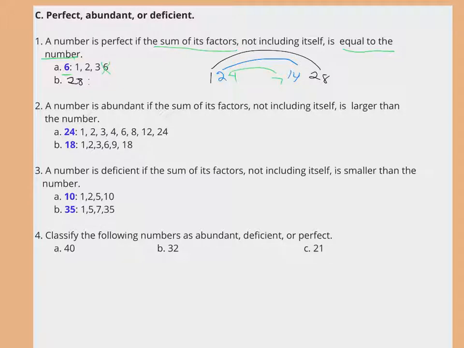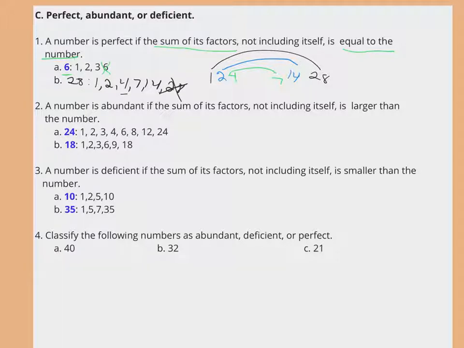So then if we were to add up the factors that we have here, which would be our 1, 2, 4, 7, 14, and not the 28, if we were to add those up, we have 14 and 7 is 21, plus 4 is 25, 26, 27, 28. So we see that those factors add up to 28. Perfect number. There's only 2 perfect numbers less than 100, and that is 6 and 28.